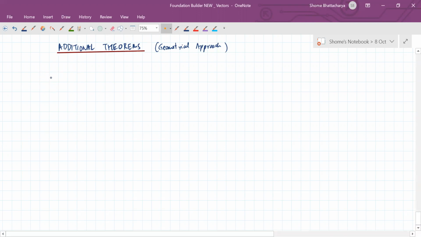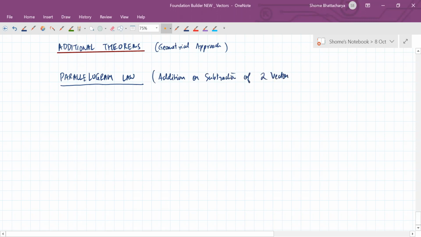So the first thing here we will see is the parallelogram law, which is for addition or subtraction of two vectors.